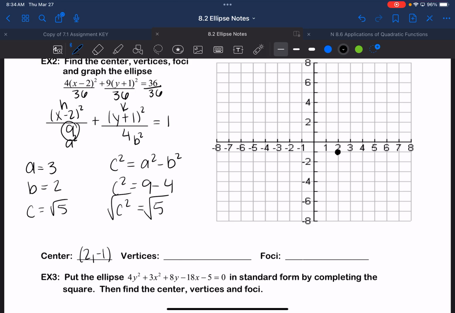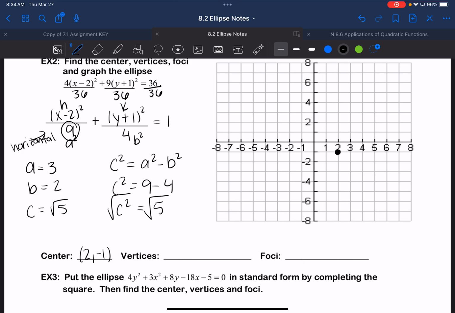Okay. Now, we said this time it's going to run horizontal. So that means that my major axis is this one, right? This is my A values, okay? So how far over am I going to go from that 2 to the left and right to plot vertices?